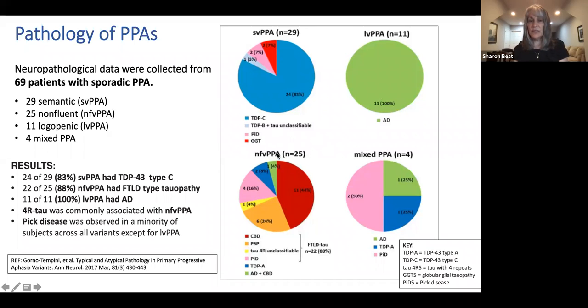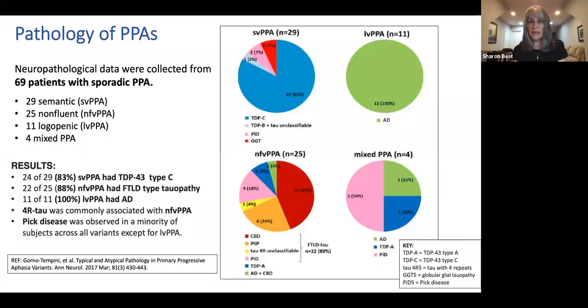And the non-fluent, if I can bring your attention to this large red and orange section, remember we mentioned in the beginning of the lecture that the non-fluent PPA has a high correlation of the patient having a concomitant progressive supranuclear palsy or cortical basal syndrome. Well, the red is the cortical basal syndrome, and the orange is the progressive supranuclear palsy.